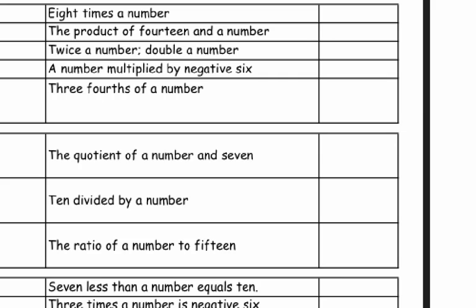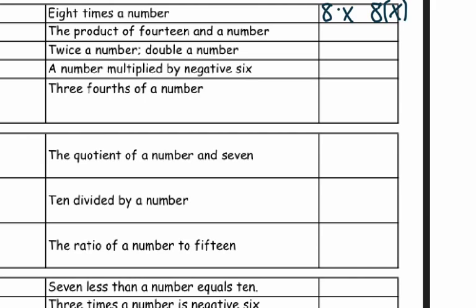Okay, so we're going to be writing these in algebraic. If you think you already know, then go ahead. If not, then follow along. So 8 times a number, it can be written a couple different ways. It could be written as 8 times x, or 8 times, you can use parentheses if my pen will write, 8 times x, that would be fine too.